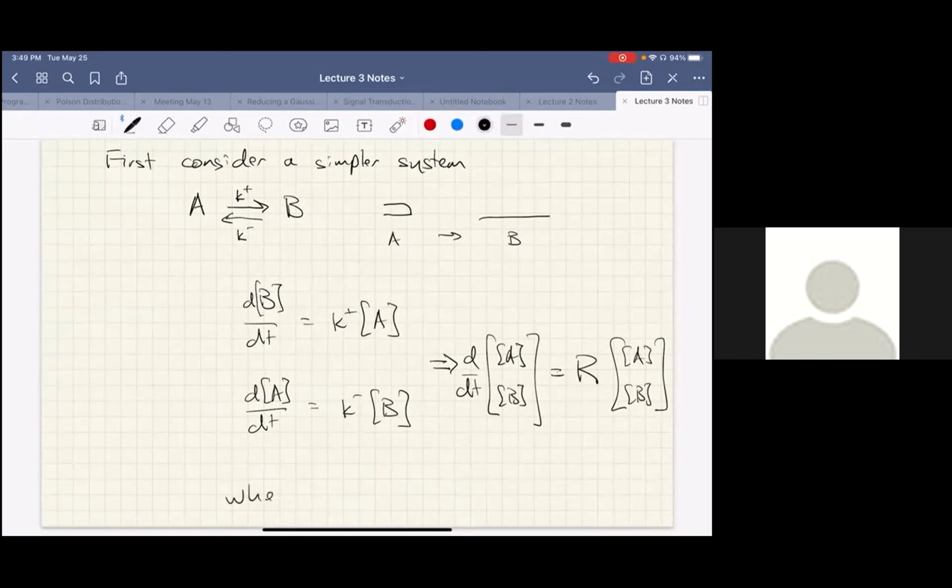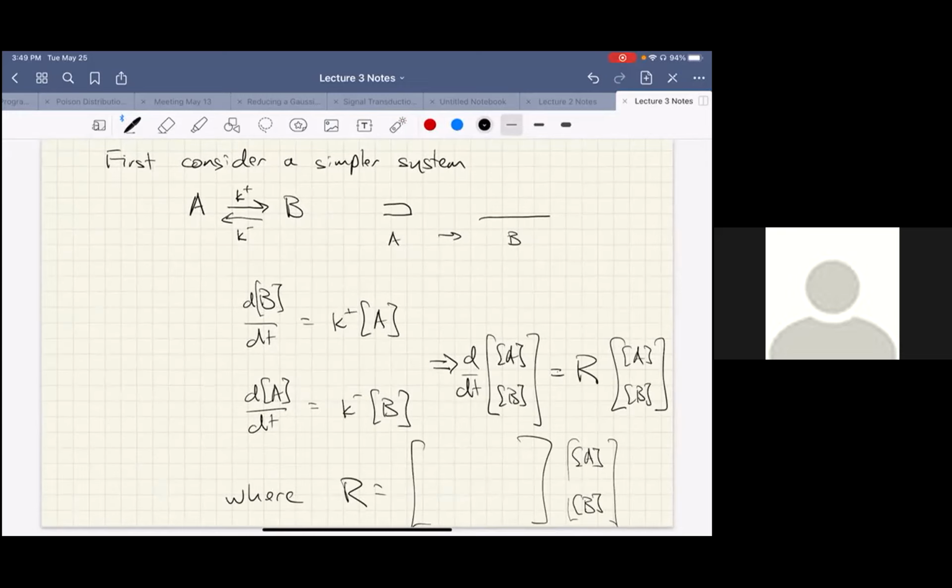So let me write that. So R will be equal to, all right. Now, I'm just going to sketch this over here just to keep myself in mind of where I'm going with this. So d by dt of A and B is the rate matrix times A and B.